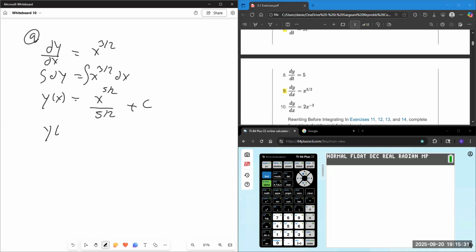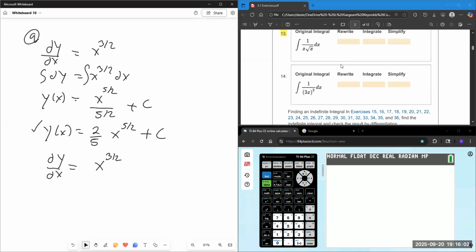We prefer to multiply by its reciprocal. So the reciprocal of 5 halves is 2/5 x to the 5 halves plus c. And let's verify that dy dx is 5/2 times 2/5. They're reciprocals. They multiply to give me 1. X to the 5/2 minus 1 is 3/2 plus 0. So that's correct.